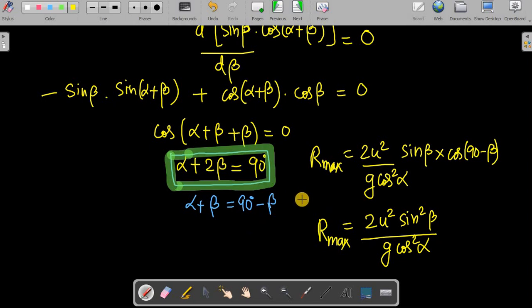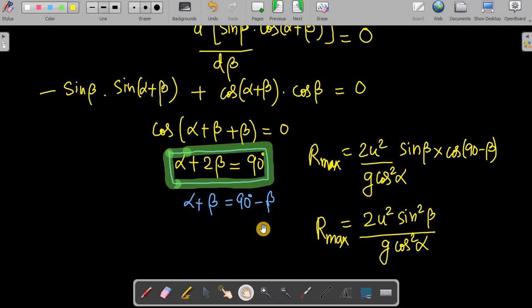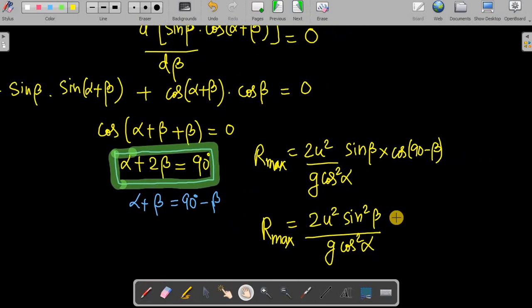But there are also different ways we can write it. Suppose you want to write only in terms of beta, then you can write alpha as 90 minus 2 beta. So R max can also be written in that form: 2u square by g, sin square beta by cos square of 90 minus 2 beta, that will become sin square 2 beta.